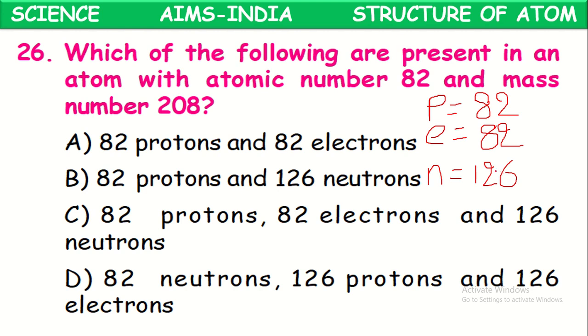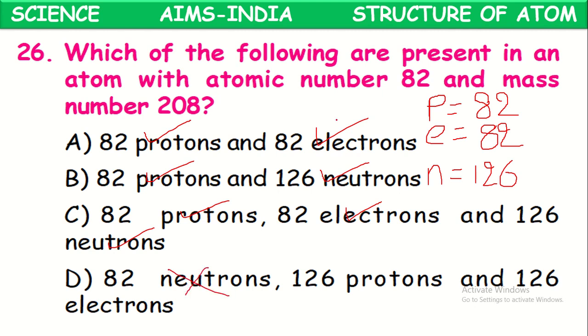Now let us see the options given. It has 82 protons and 82 electrons. So 82 protons and 126 neutrons, this is also correct. And next, 82 protons, 82 electrons and 126 neutrons. If we see the fourth one, 82 neutrons, it is wrong.